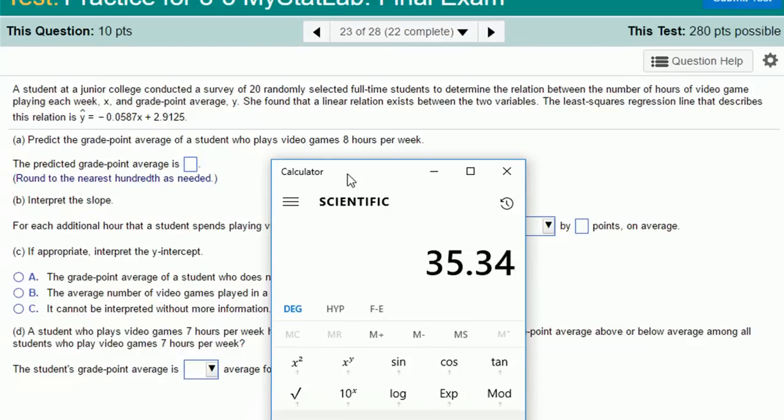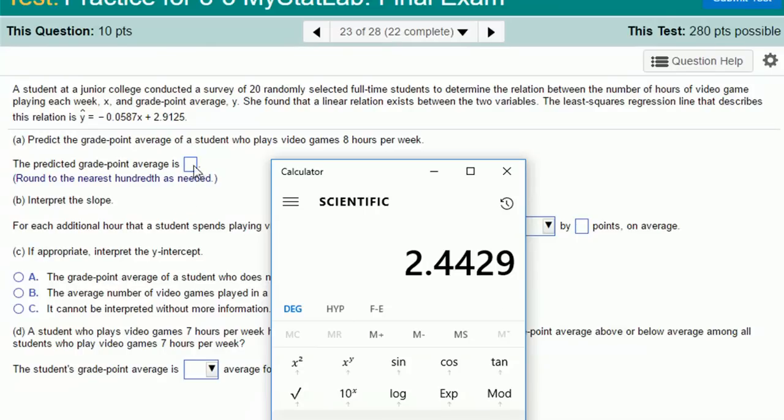So I'm going to put in the formula negative 0.0587 times 8, which is my number of hours of video games, plus 2.9125. After that, 2.4429 is my predicted GPA.